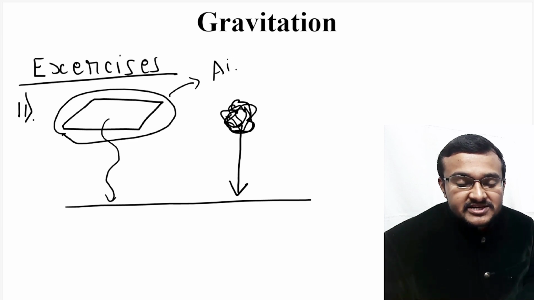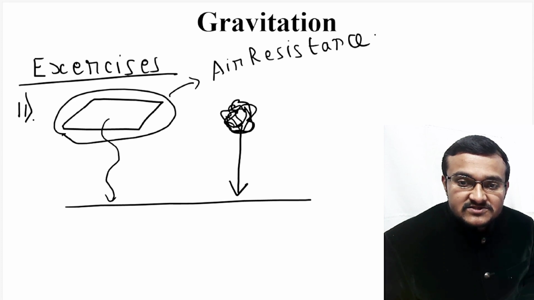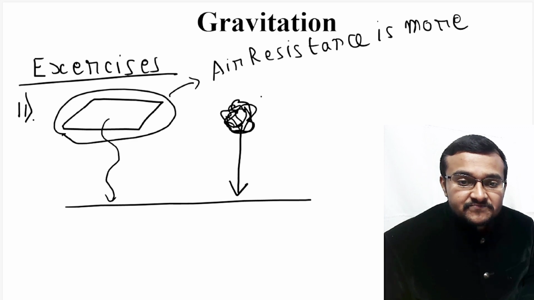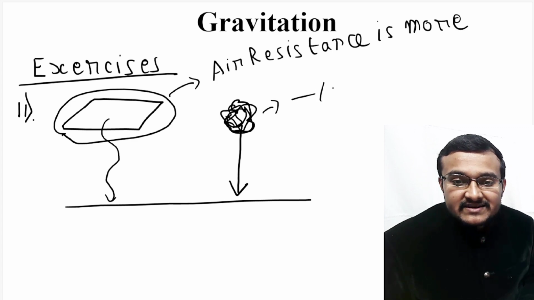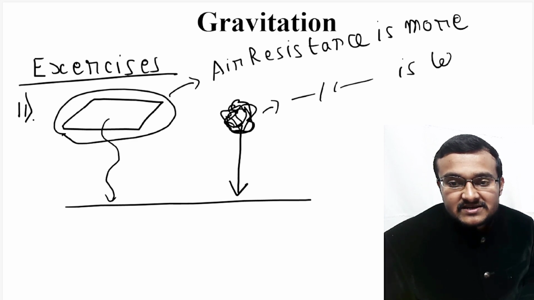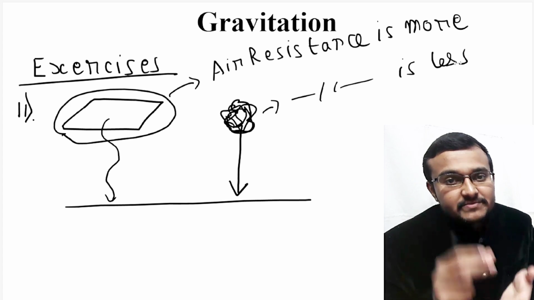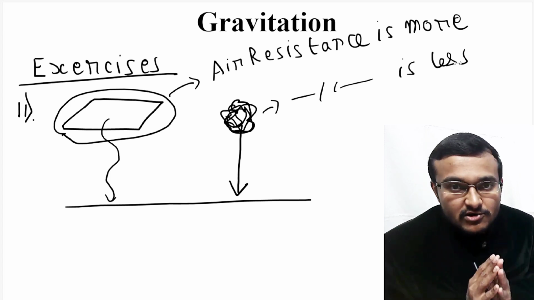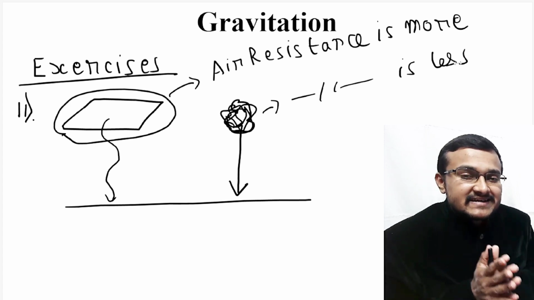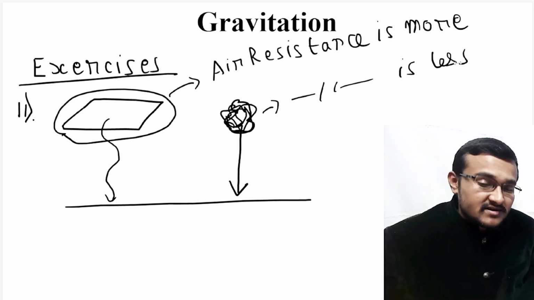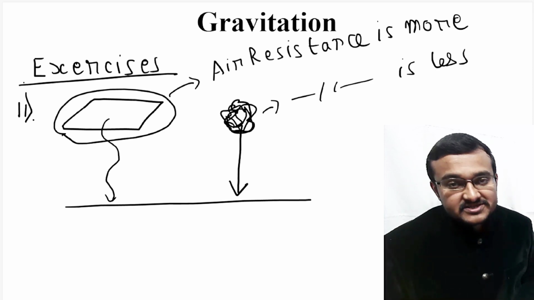So this sheet of paper experiences more air resistance. So air resistance is more for this particular piece of paper, and for this air resistance is less. So that's why this particular crumpled paper immediately falls onto the earth surface, but paper takes little time to reach the earth surface because of air resistance.